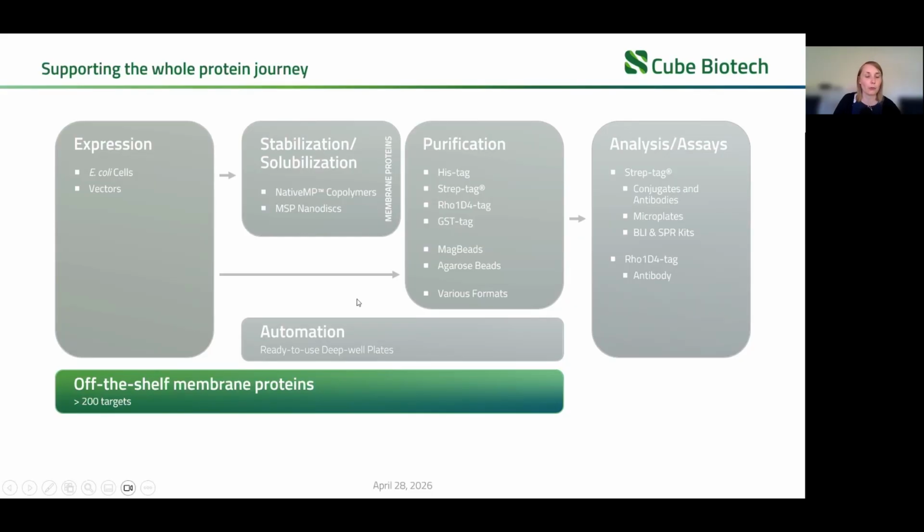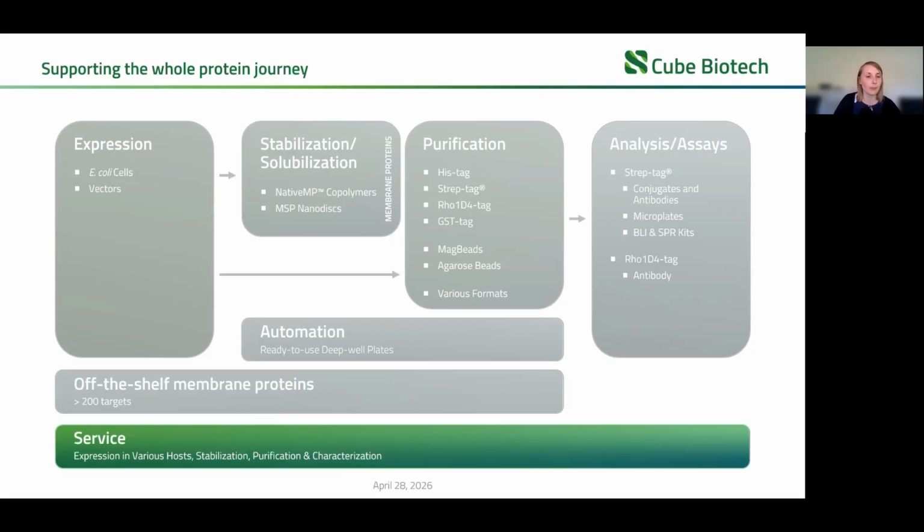So if you don't want to implement the procedure in your lab, you can just purchase the protein from us and then continue with any assay of your choice. Or if you don't find the target in this catalog, we also have a custom service where we express the protein, stabilize it, purify it, and also do first analyses and also some assays if needed.